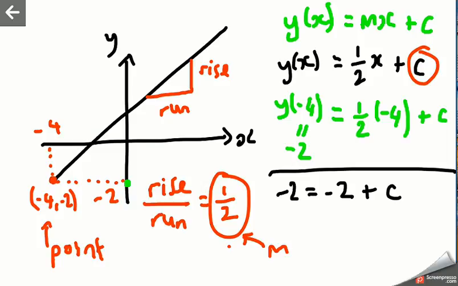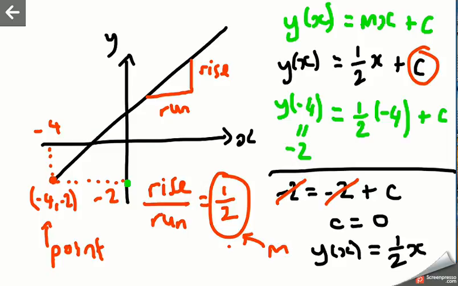Wow, my diagram is absolutely horrible, because it therefore turns out that c is equal to 0, by adding 2 onto both sides. So that tells us that c equals 0, and our function is of the form y of x equals 1/2 x plus 0, so just 1/2 x.